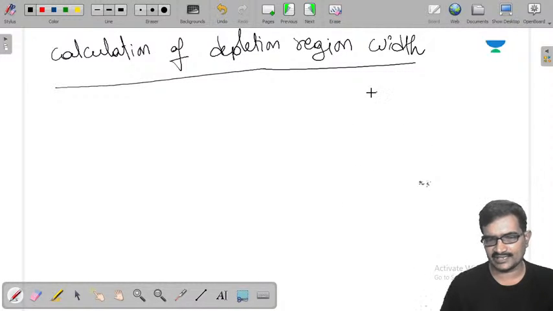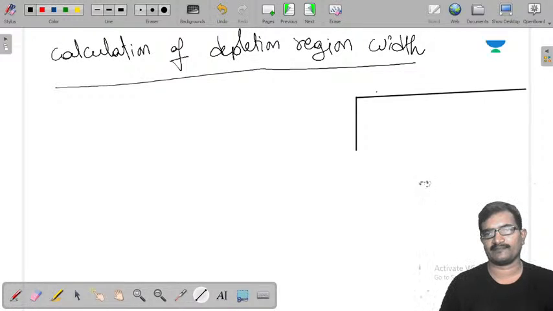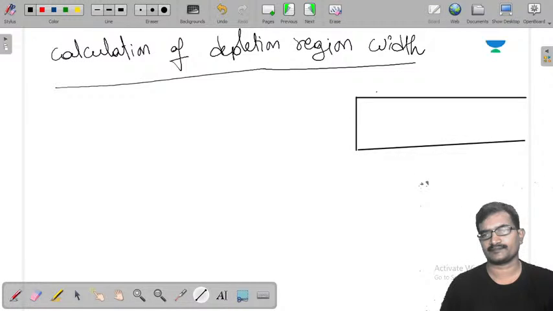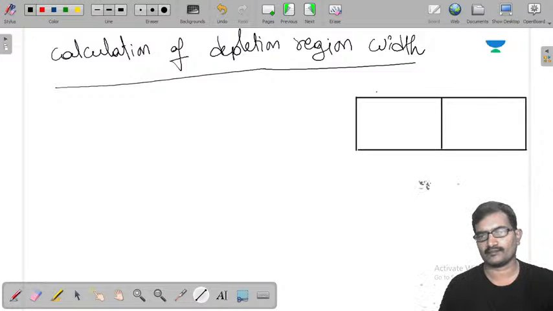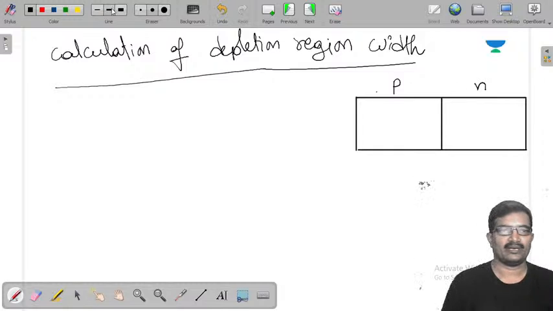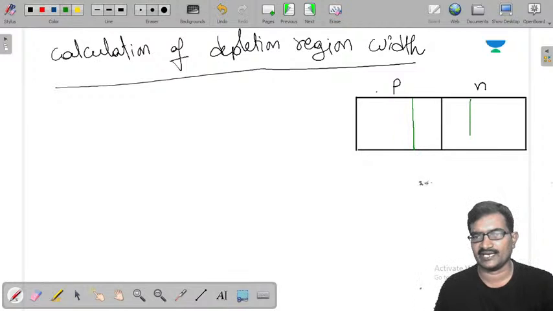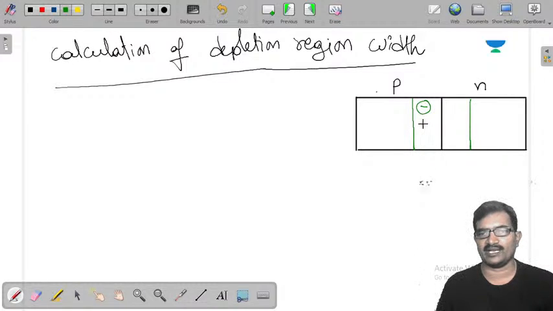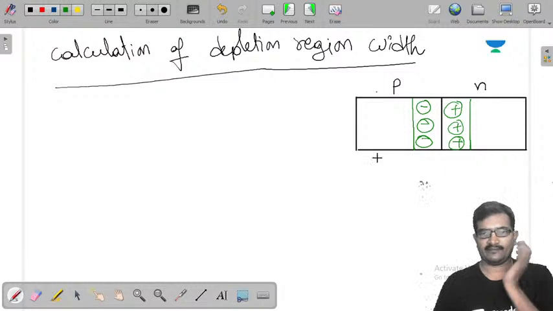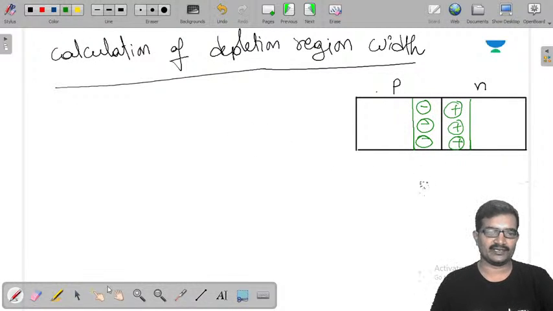Just for your reference, here I am drawing the junction with the depletion region. This is the P side, this is the N side. Here is the depletion region on the N side and P side. It is filled by negative immobile ions on one side and positive immobile ions on the other.